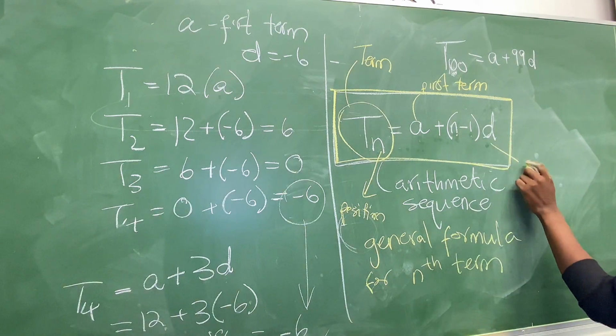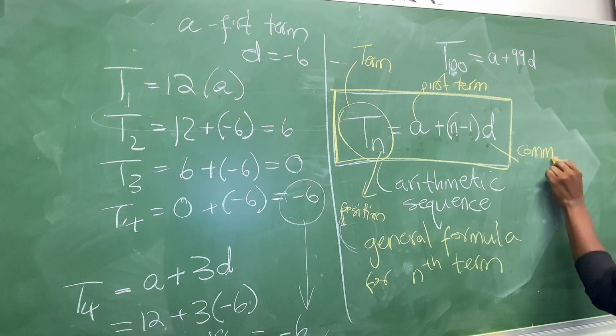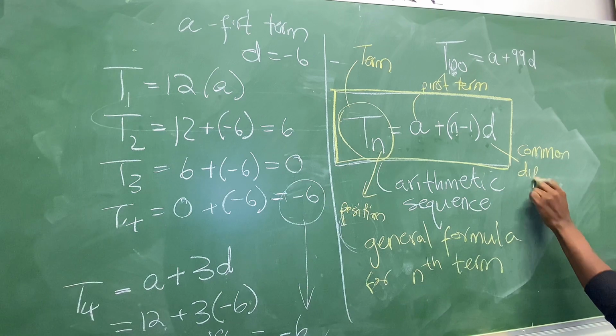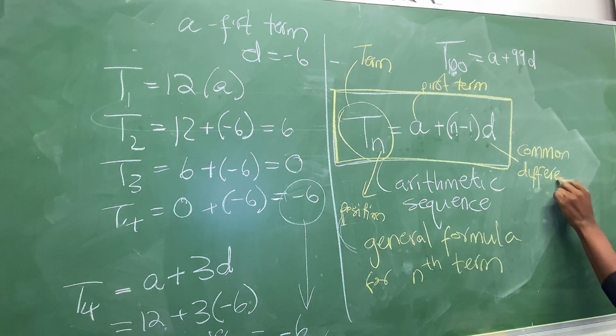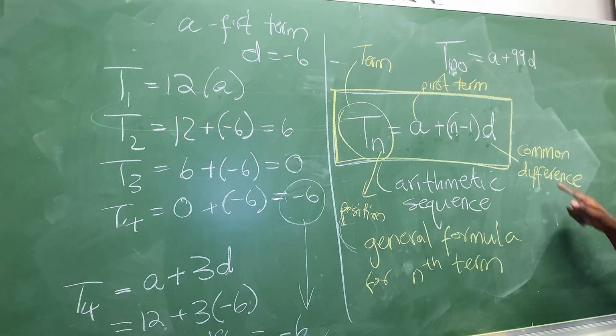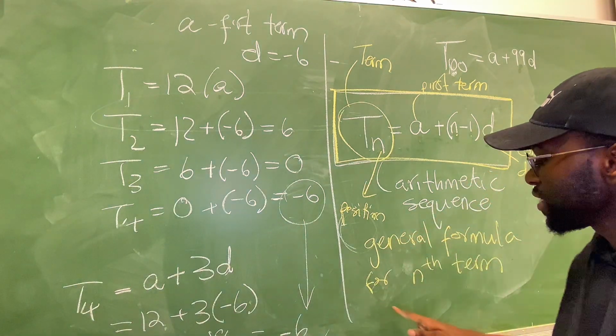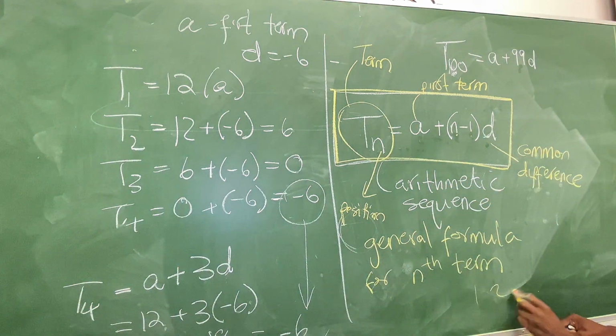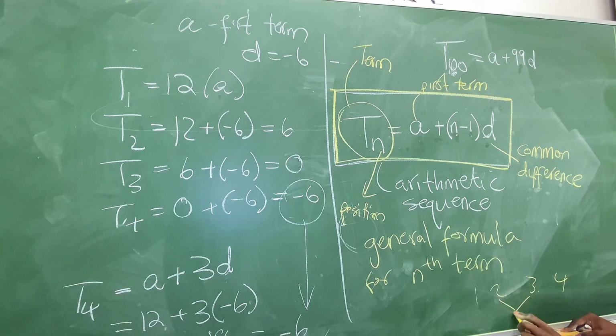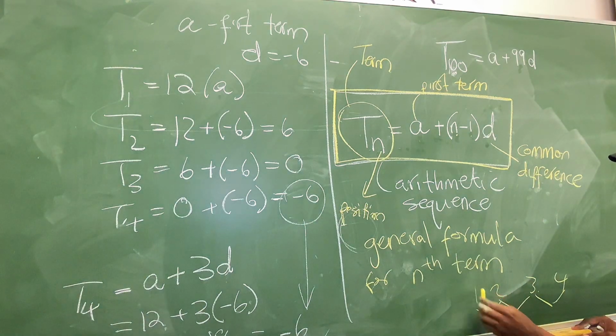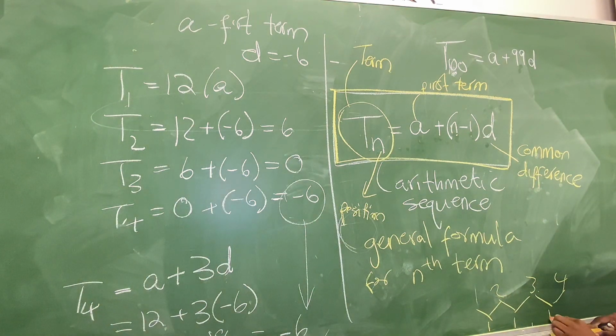And then D will be the common difference. And we know we find the common difference by taking our sequence 1, 2, 3, 4 and then taking this value, subtracting the previous value to get our common difference D.